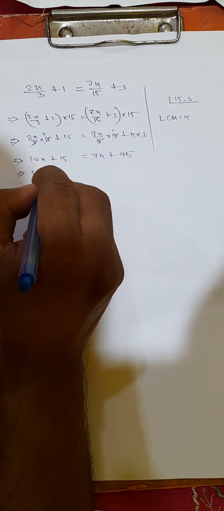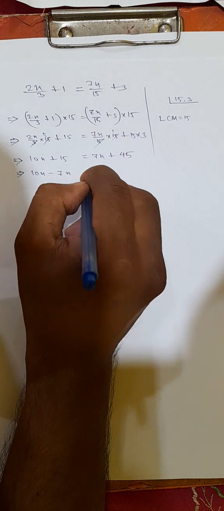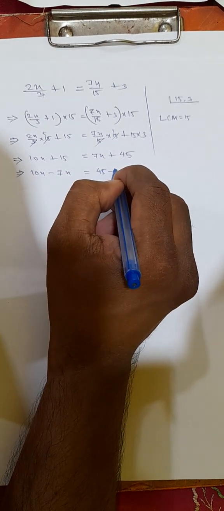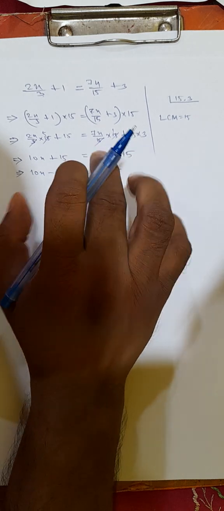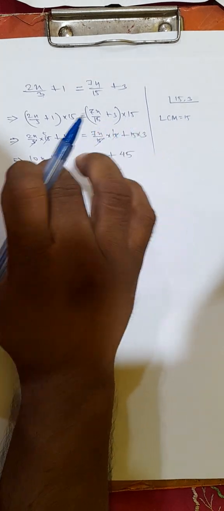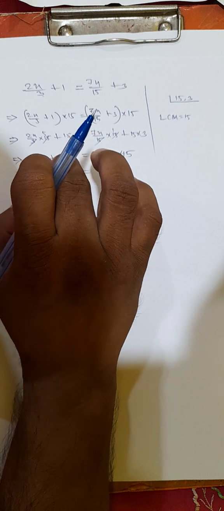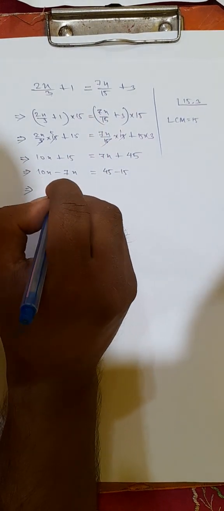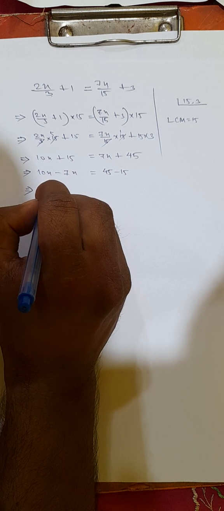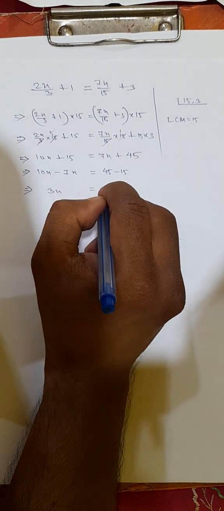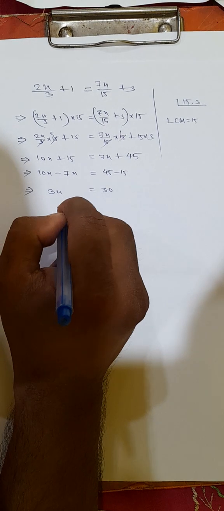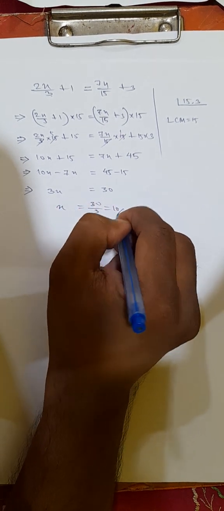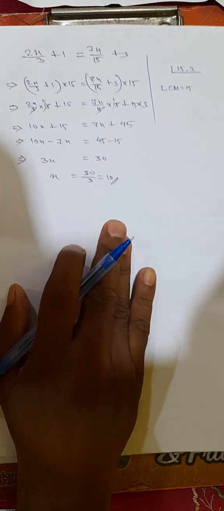So 10x minus 7x equal to 45 minus 15. This implies 10 minus 7 is 3, 3x equal to 30. So what is x? 30 divided by 3 equal to 10. This is the answer, right?